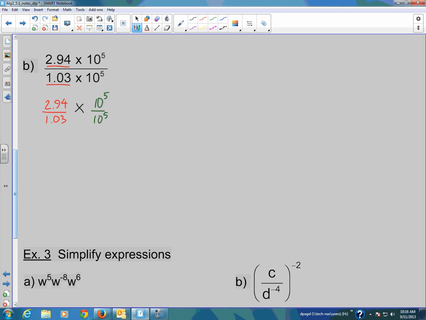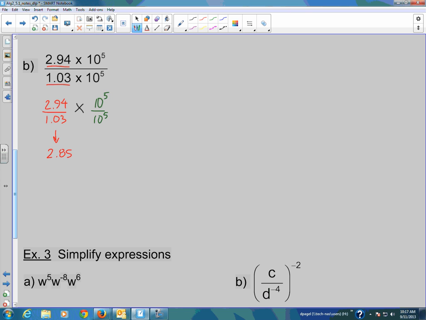So we're just separating it here. And then we do a 2.94 divided by 1.03, and we get a 2.83. 2.85, sorry. So the red gives us 2.85.